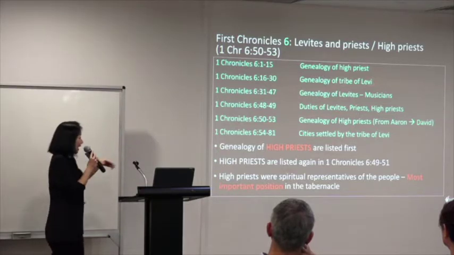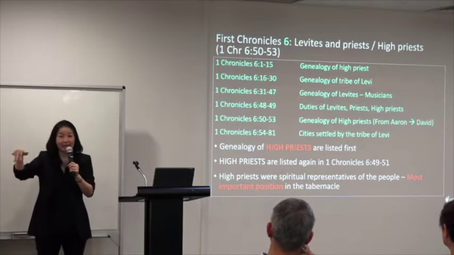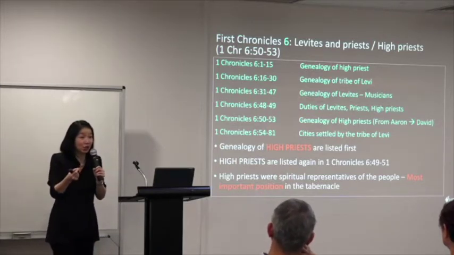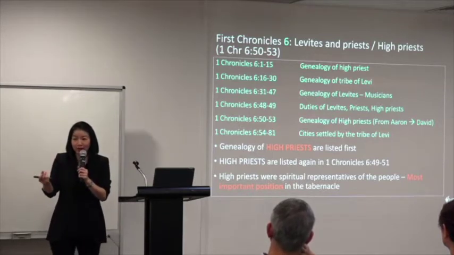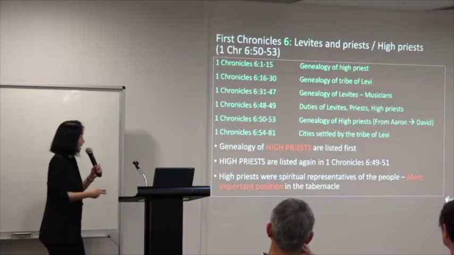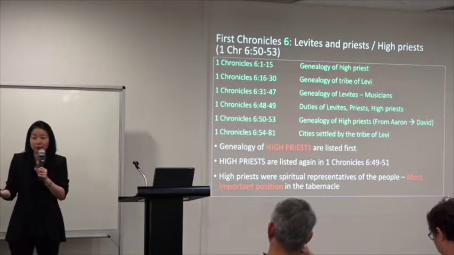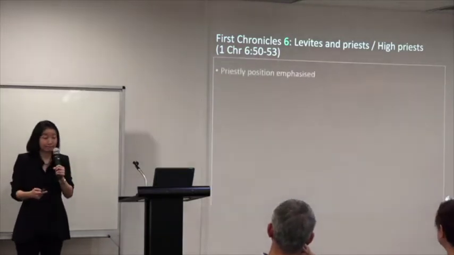So you can see high priests are the center focus of this chiastic X-like structure. They're at the smack center. God wants to show all the tribes, but right at the focal point, it is the high priest genealogy and what they did. And why? High priests were like the spiritual representative of the people. They had the most important position.